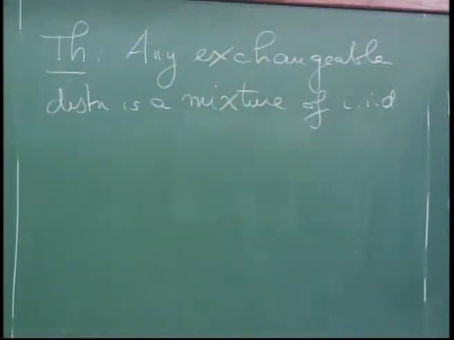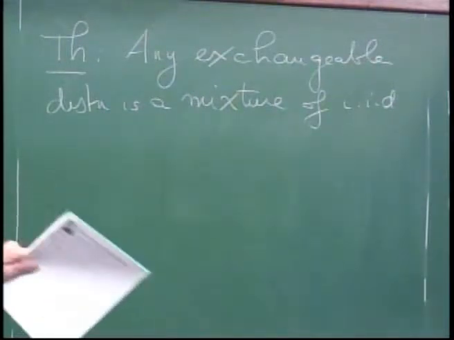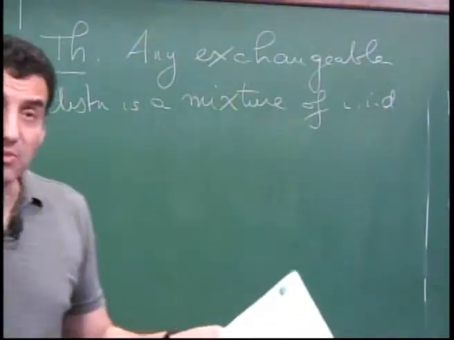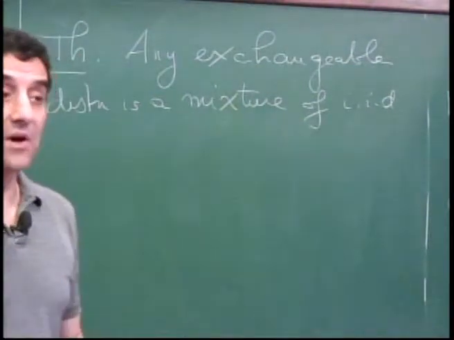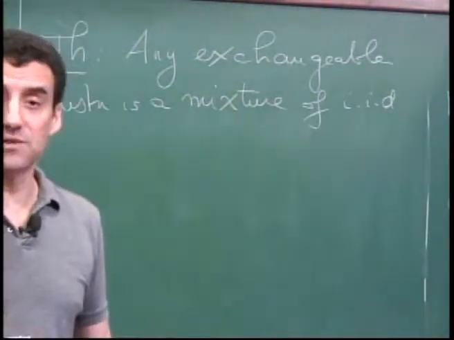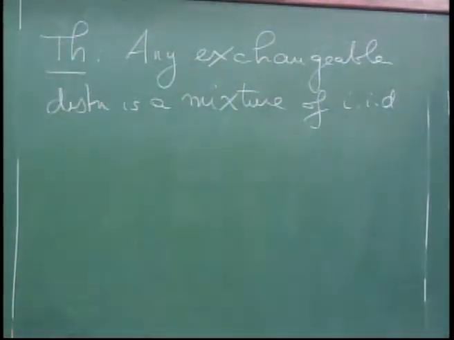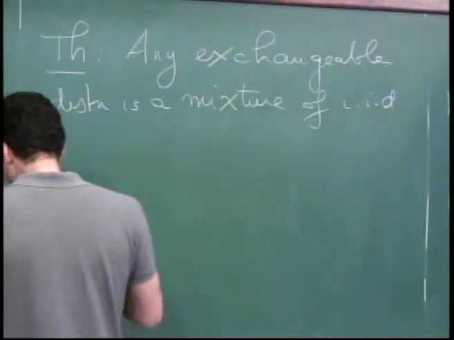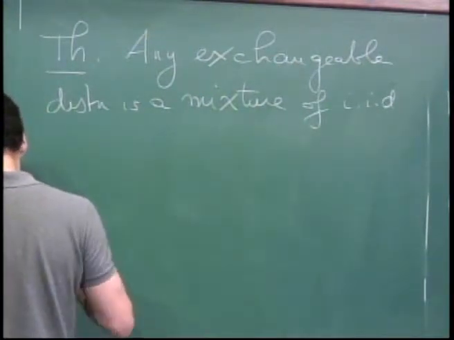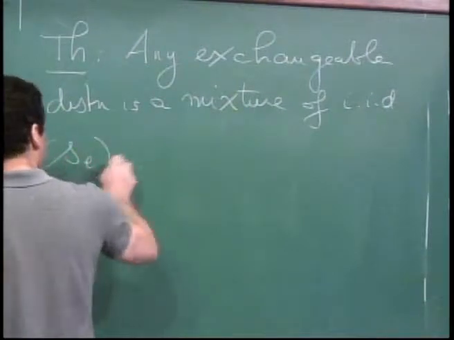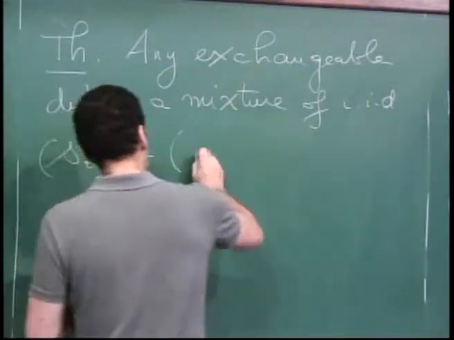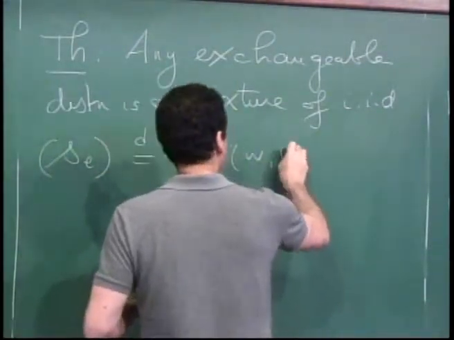Exactly like before. So you take an exchangeable distribution on the space of infinite sequences. It's a mixture, in the sense I defined before, of IID distributions, of product distributions. Right? This can be even given a little more precisely. In fact, you could say that this S_L in distribution is the same as G of W and U_L.